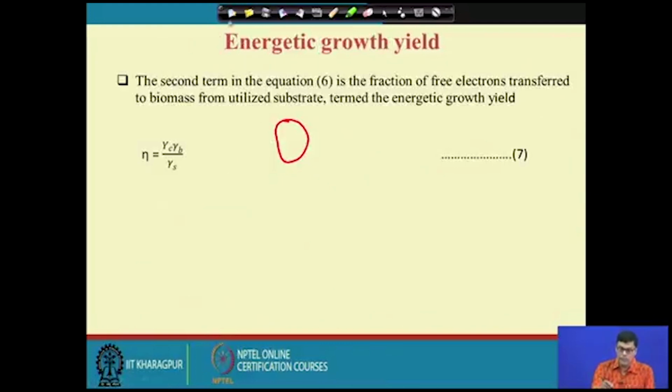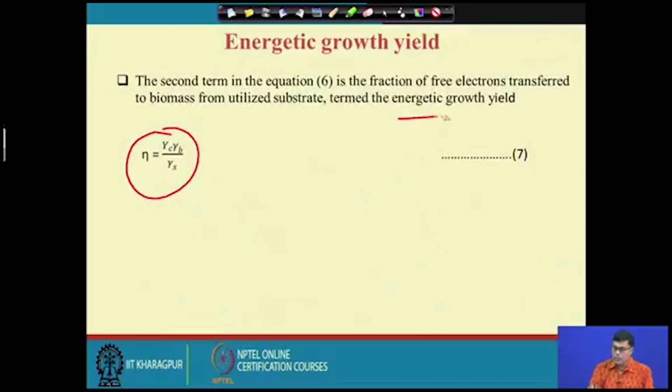This is eta, Yc gamma P by gamma S, which we consider as the energetic growth yield. This is how we can write it.